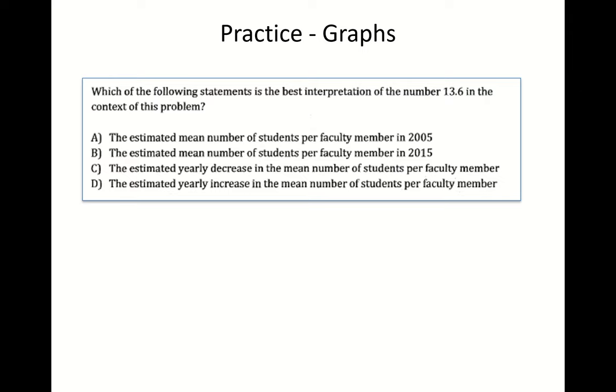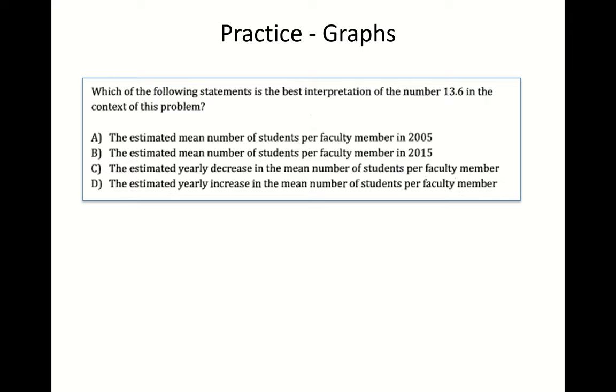equals 0. So that means the y-intercept for this problem is the value at 2005, or in 2005. And if you look at the question here, the 13.6 is the b, so 13.6 is the value in 2005.